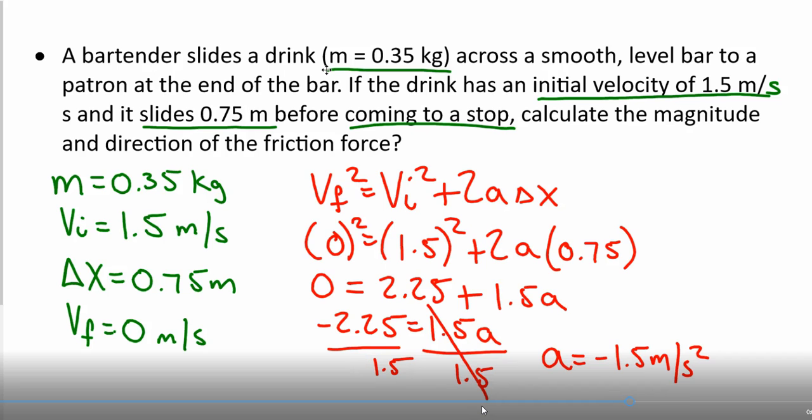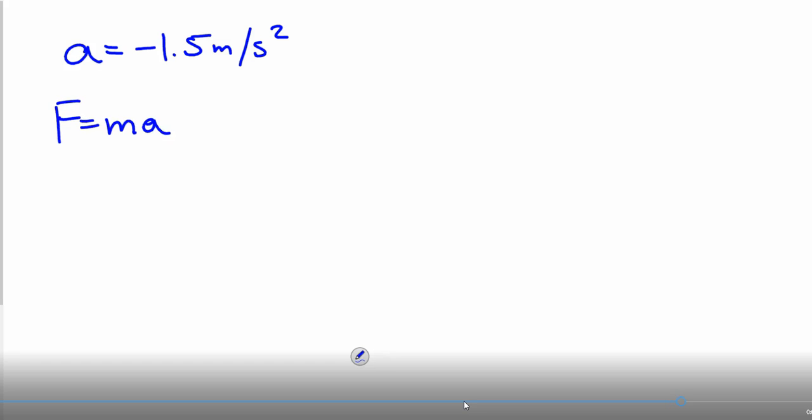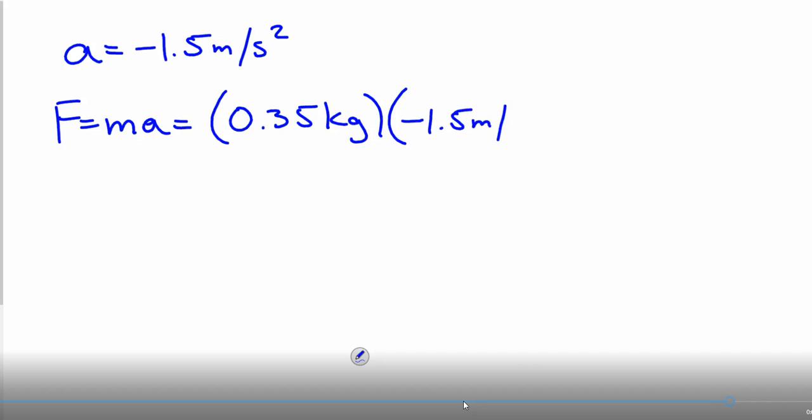And now that we know that acceleration and we know the mass, we can use the acceleration of the mass to determine the force that's applied to the glass due to friction, the force that stops the glass as it slides across the bar. So the force is just equal to the mass times the acceleration, which is 0.35 kilograms times negative 1.5 meters per second squared.